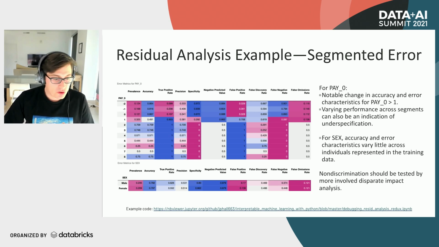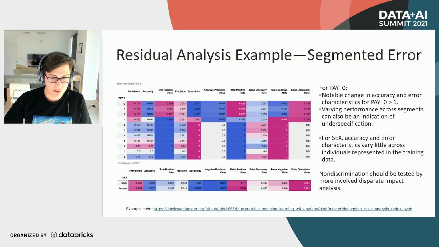There's some good news for sex or gender, which is that model performance is pretty equal across men and women. It wasn't particularly equal across marital statuses. It is pretty equal across men and women. This is just the tip of the iceberg for what you would need to do to assure non-discrimination, but it's not a bad thing to see. This picture looks a lot better.